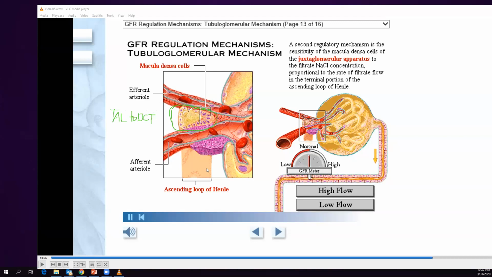The nephron goes proximal convoluted tubule, loops down, comes back around, comes up, and goes right into the V that's formed between the afferent arteriole and the efferent arteriole. So right at this point, as we're transitioning from thick ascending limb to distal convoluted tubule, I have a set of cells right here. These cells are called the macula densa. And the macula densa are chemoreceptors.